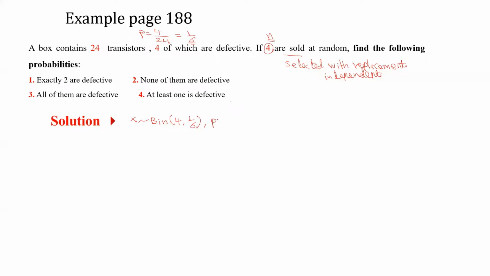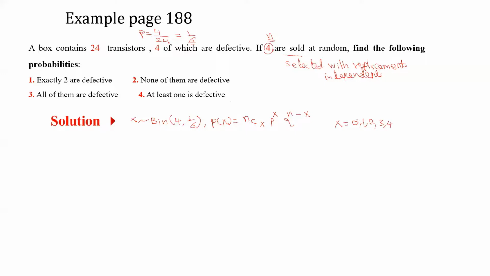P of x for the binomial distribution is nCx p^x q^(n-x), and x takes the same values as in the hypergeometric distribution, 3 and 4.